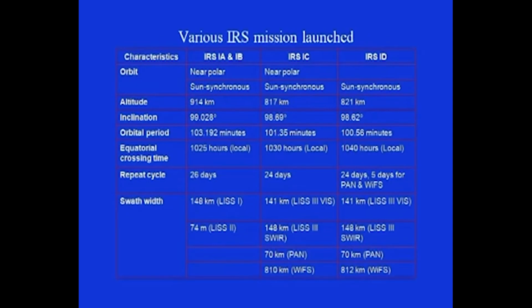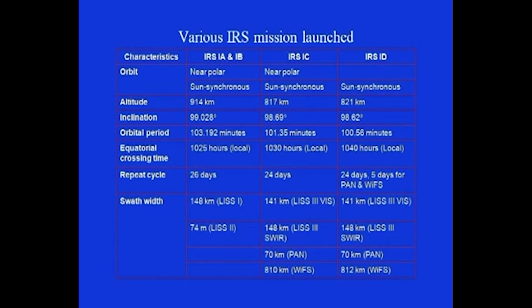This particular table shows the various IRS mission characteristics in terms of their orbit. All these satellites are near polar sun synchronous satellites. However, IRS-1A and 1B flew at a height of 914 kilometers, whereas 1C flew at a height of 817 kilometers, while IRS-1D flew at an altitude of 821 kilometers.